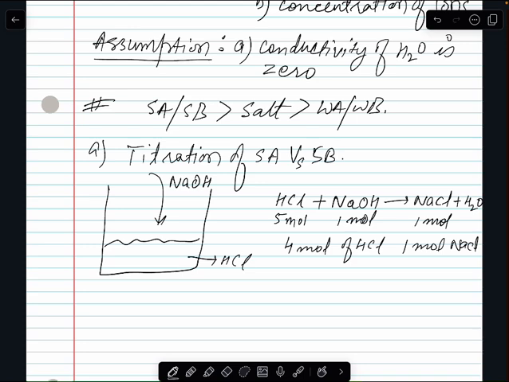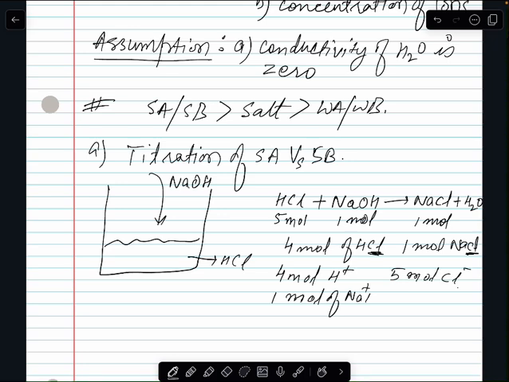So now I can certainly say that in the solution there will be 4 mole of H plus ion, 1 mole of Na plus ion, and see, Cl ion and Cl ion over here are common. So 5 mole of Cl minus ion.